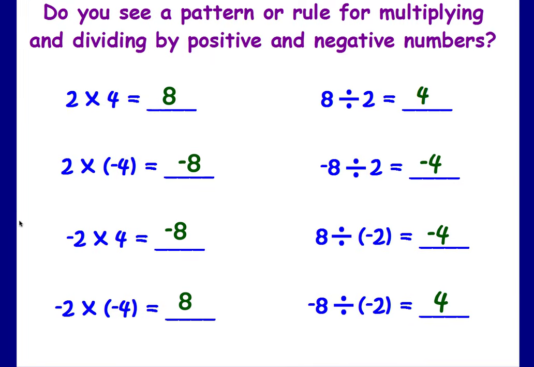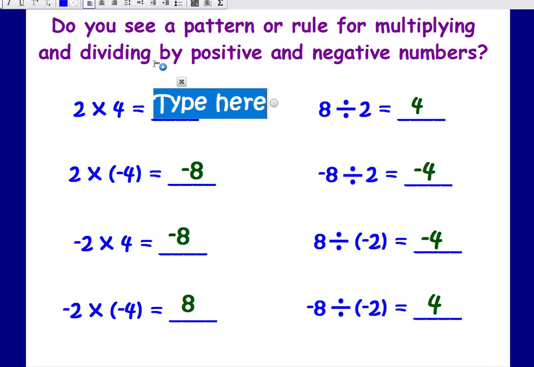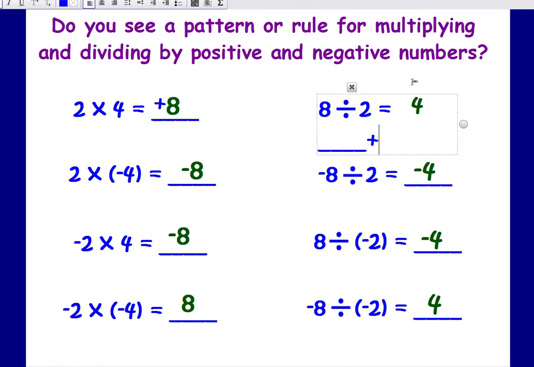So let's see if we can see a pattern or a rule for multiplying and dividing by positive and negative numbers. So when we multiplied 2 positive numbers, our answer was positive. When we divided 2 positive numbers, our answer was positive.